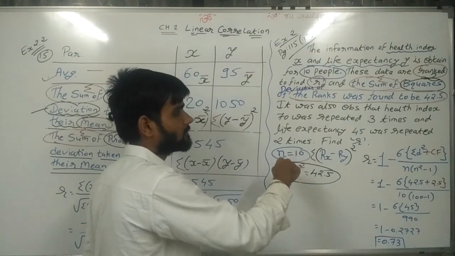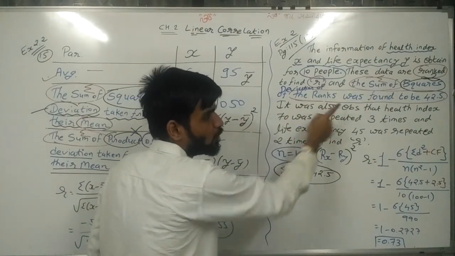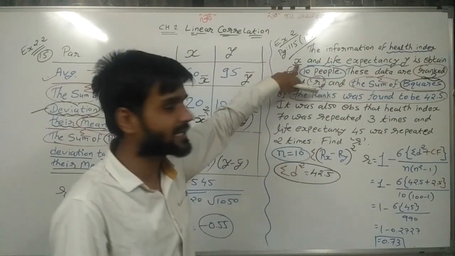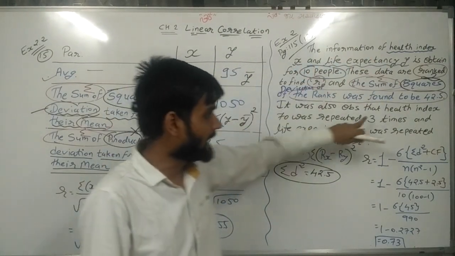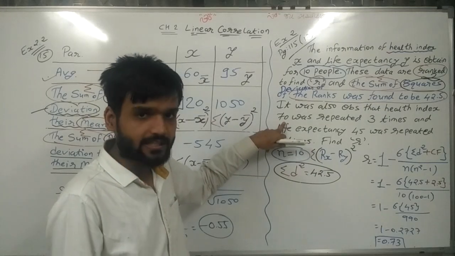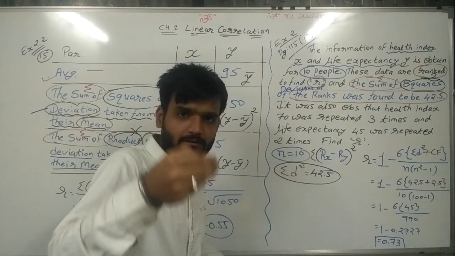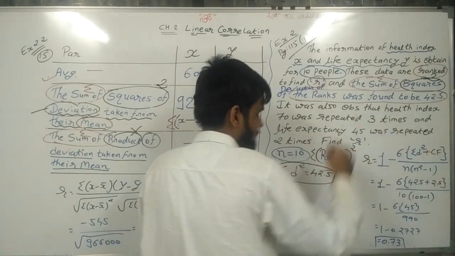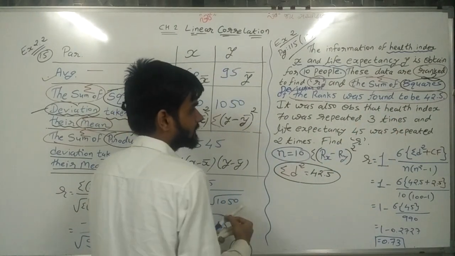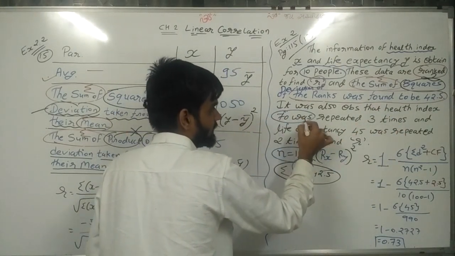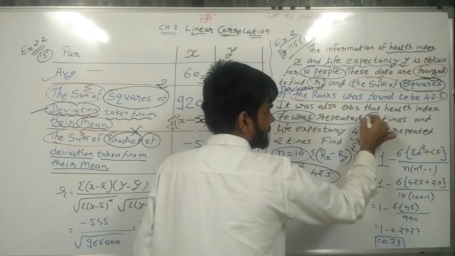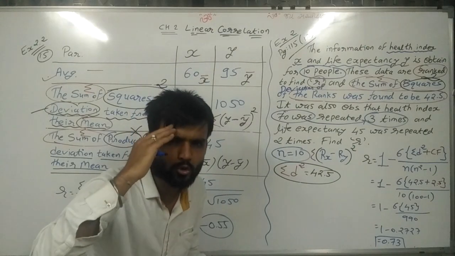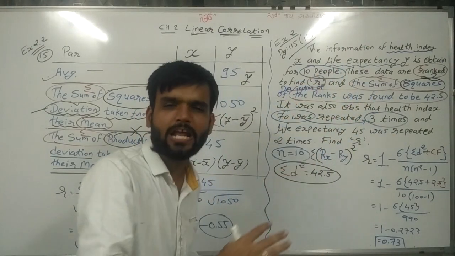It was also observed that health index means x, health index 70, was repeated 3 times. Most important thing. Now try to remember my last lectures of rank correlation.